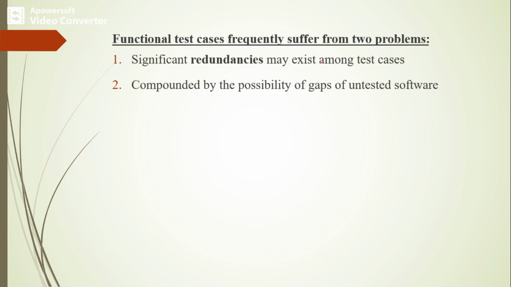That is, there might be some functionalities that are not tested by the software, meaning we cannot write test cases for some functionalities. These are the two major drawbacks of the functional testing technique.